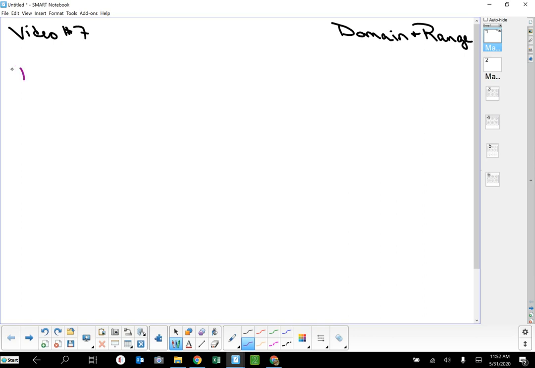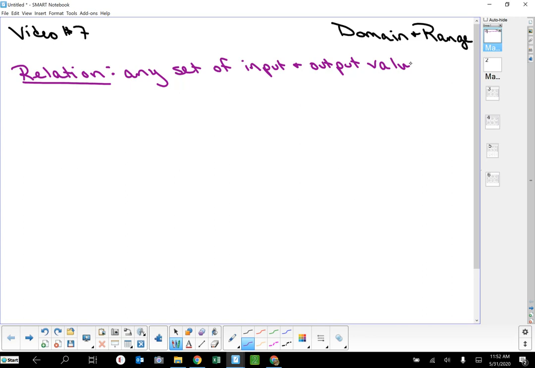The first thing is a relation. A relation is any set of input and output values. Here's an example.